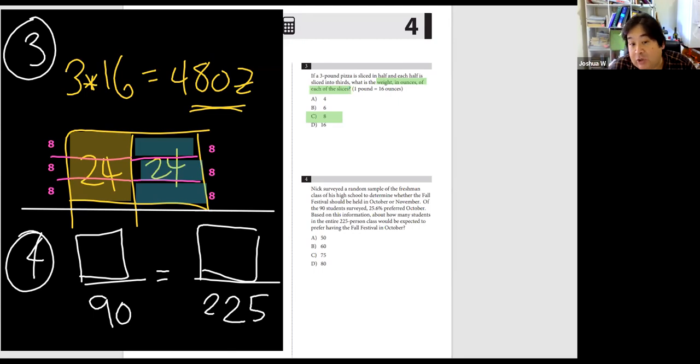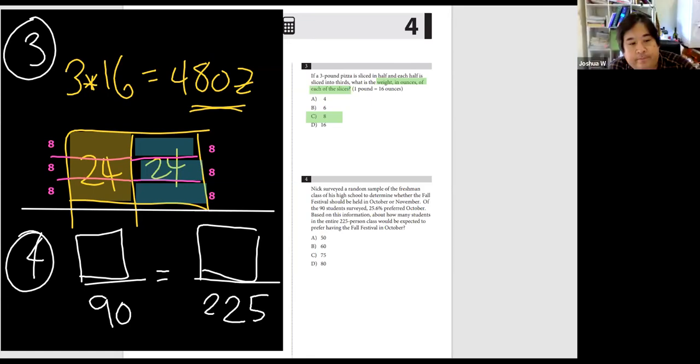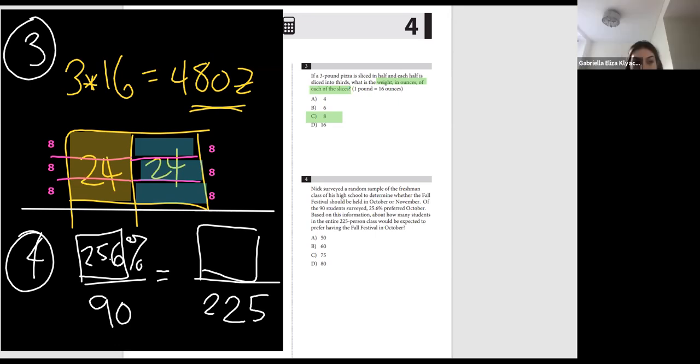So Gabriella, how do you set up these proportions based on the paragraph? Well, you could put 25.6 over 90, because you know that 25.6% of the 90 students. Okay. And then it could be X percent over 225.